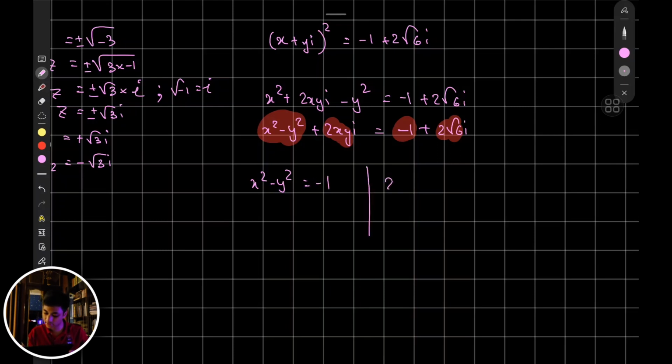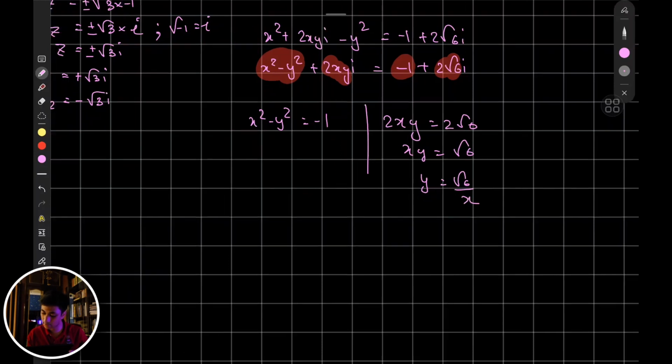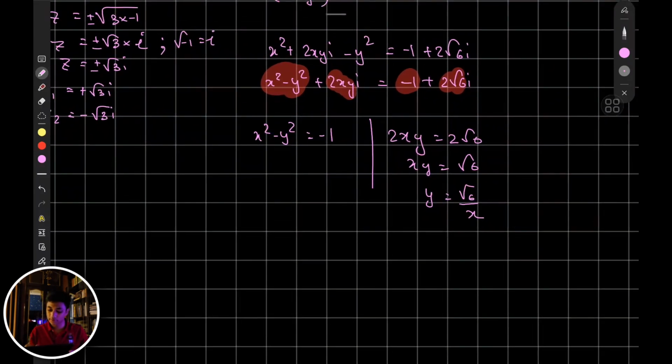What is the other thing you can say? 2xy is equal to 2 root 6. You can say xy is equal to root 6. You can say y is equal to root 6 by x. This is 1. Now you can substitute over here the value of the expression for y into this equation. Great. So if you do that, x square minus root 6 by x whole square is equal to minus 1.